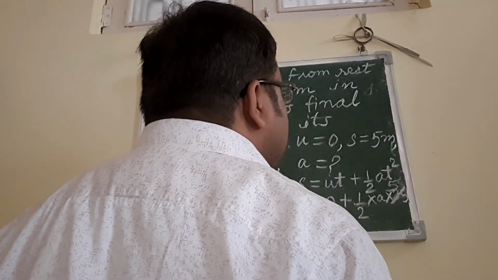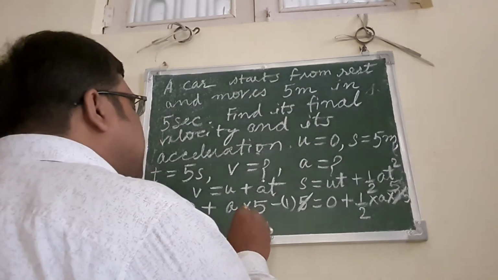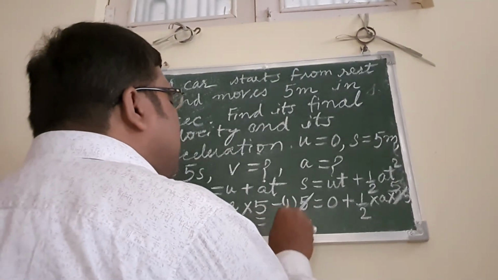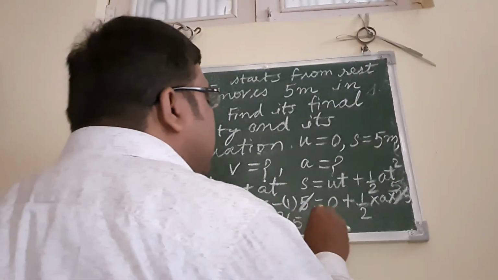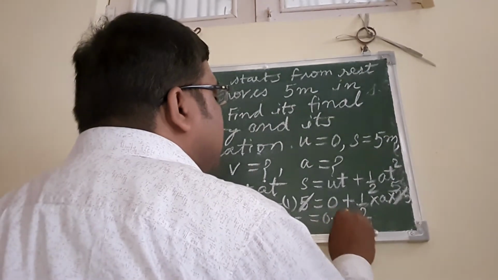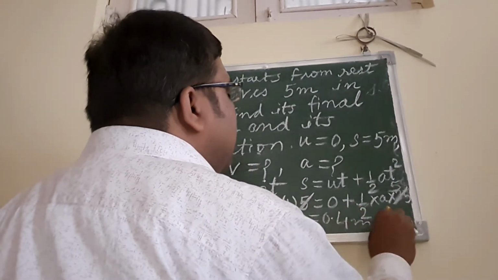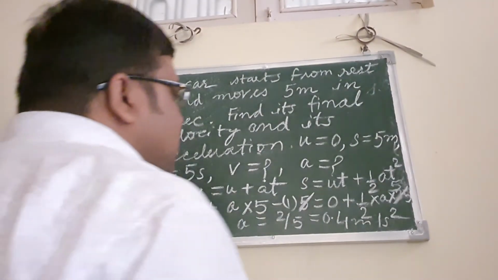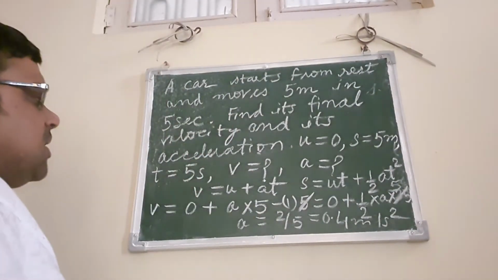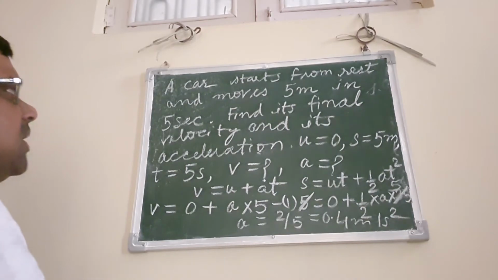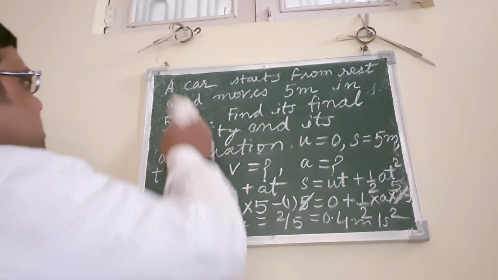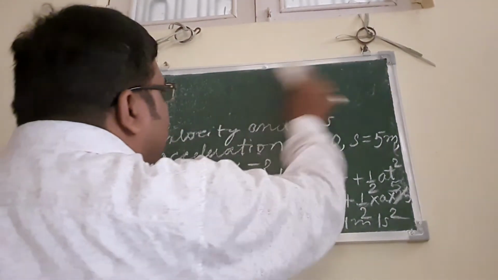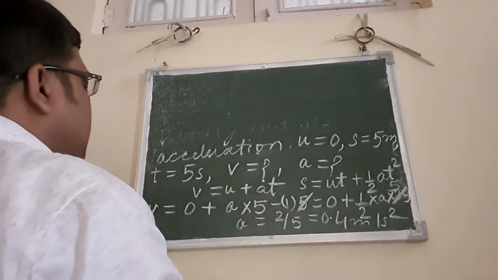So the equation becomes, acceleration becomes 2 upon 5, that is equal to 0.4. So 0.4 meter per second square is the acceleration. So here, substituting the value of acceleration in the first equation, so I'm rubbing the board here.